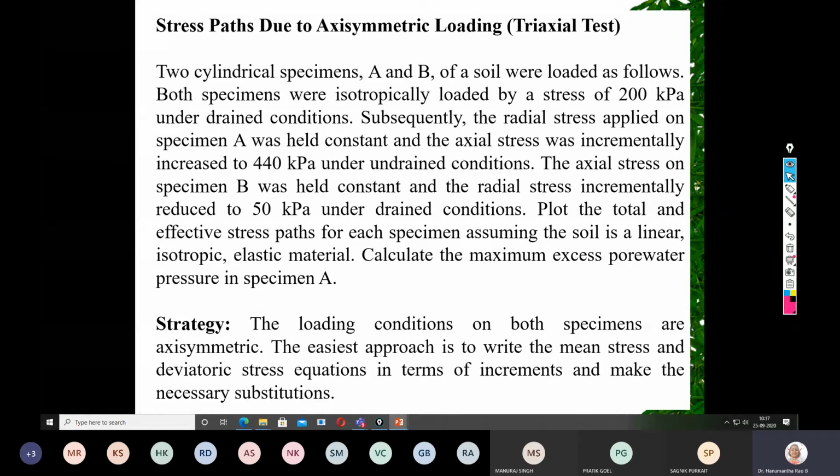The axial stress on specimen B was held constant and the radial stress incrementally reduced to 50 kilopascals under drained conditions. Plot the total and effective stress paths for each specimen, assuming the soil is a linear isotropic elastic material. Calculate the maximum excess pore water pressure in specimen A. Better note it down.